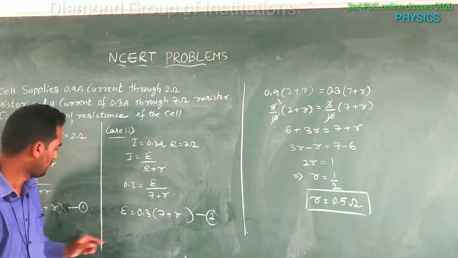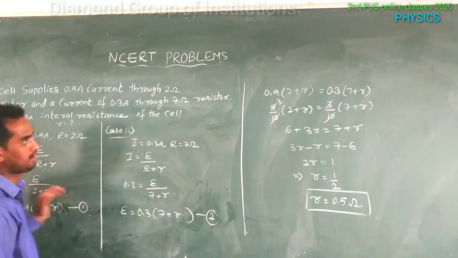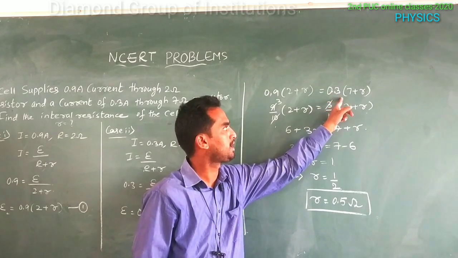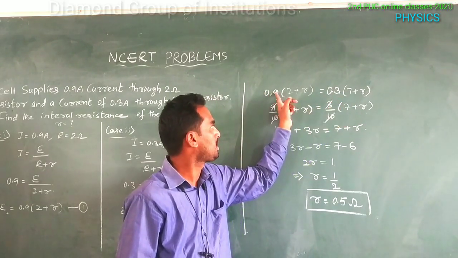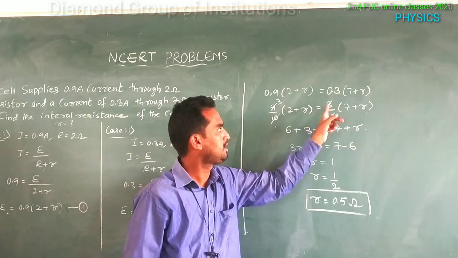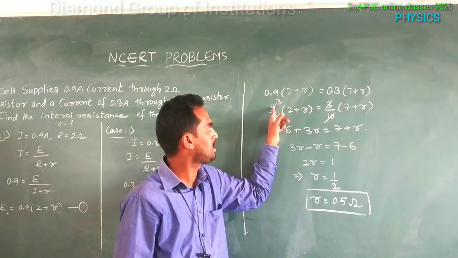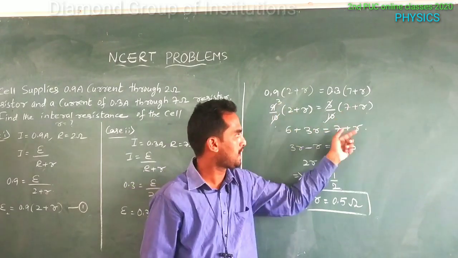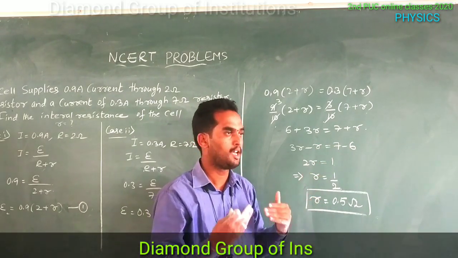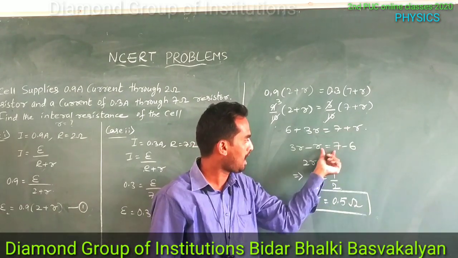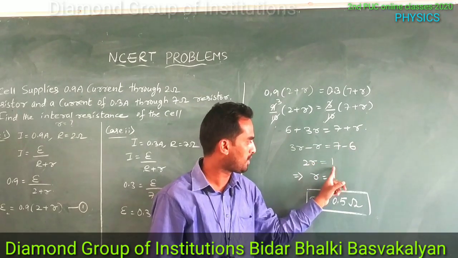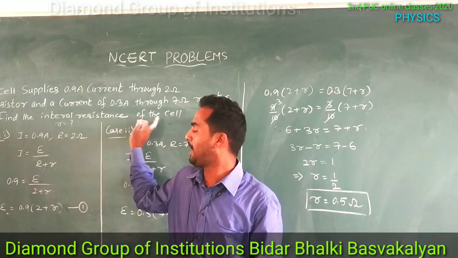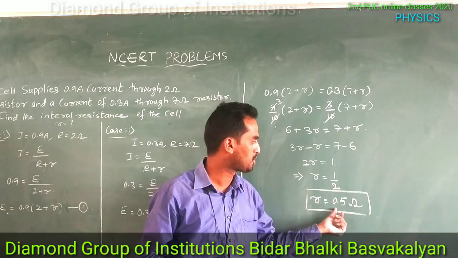If you equate these two, here it is 0.9 into (2 plus r) equal to 0.3 into (7 plus r). 0.9 is 9 by 10, 0.3 is 3 by 10, the 10 cancels, 3 ones are 3, 3 nines are 9, 3 twos are 6, 3 into r becomes 3r, equal to 7 plus r. If you take r values to one side and numbers to the other side, 3r minus r becomes 2r, 7 minus 6 becomes 1, so r becomes 1 by 2. So we got the internal resistance of the cell as small r equal to 0.5 ohm.